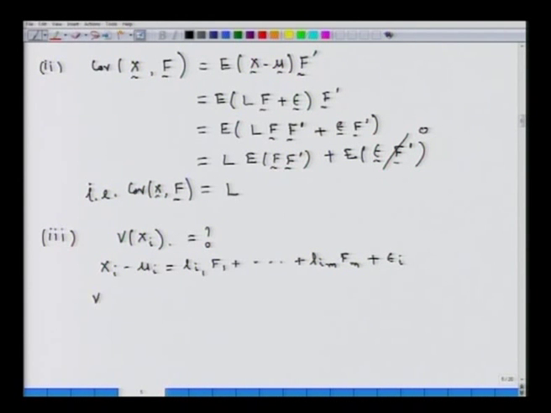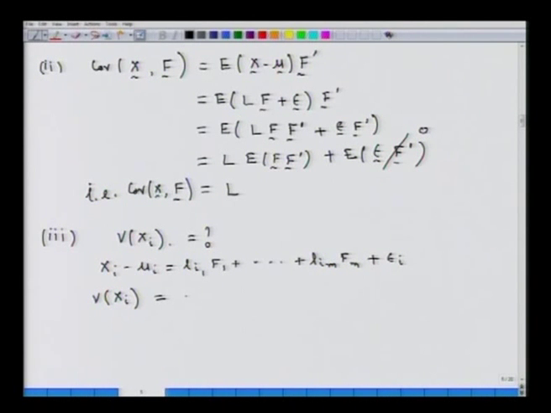So when we are looking at the variance of xi, it is basically the variance of this particular term. On the right hand side, if we look at the variance term by term, each fi is uncorrelated with any other fj for i not equal to j, and the covariance of fi and epsilon i is also equal to 0 because we have taken it that way in the assumptions.